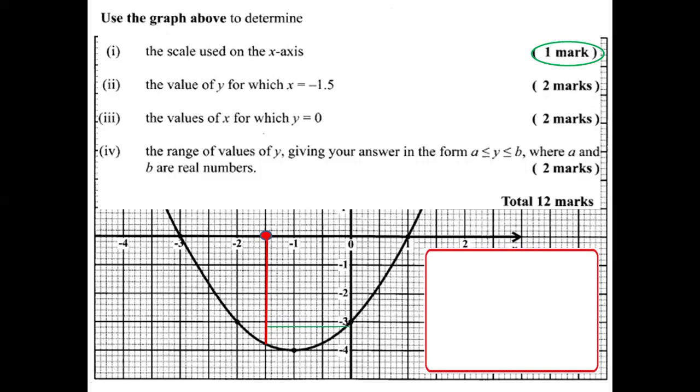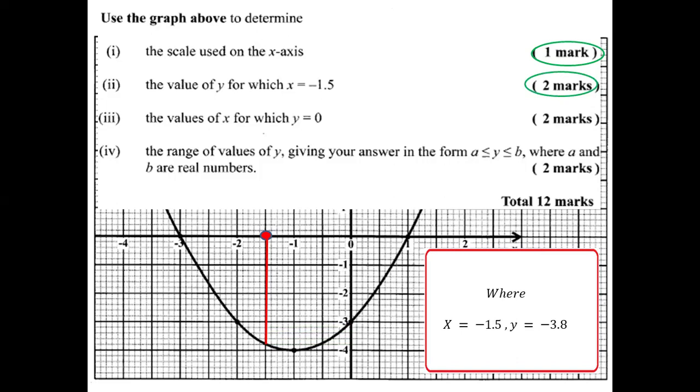There are 5 movements in between the 3 and the 4 there. That means each of them is 0.2. So that's 3.2, that's 3.4, that's 3.6. And then the y value where the red line meets the parabola is 3.8. So where x is -1.5, y is -3.8. And that's our answer for 2 marks.